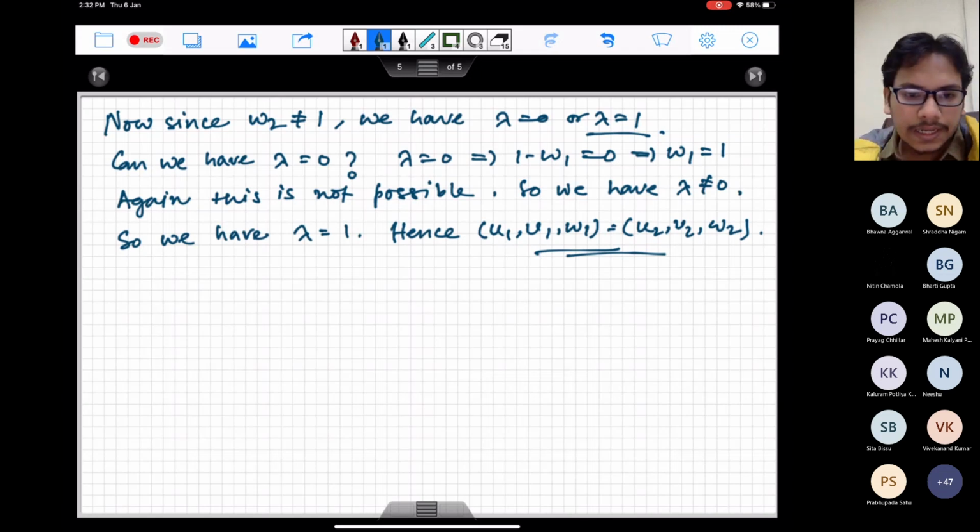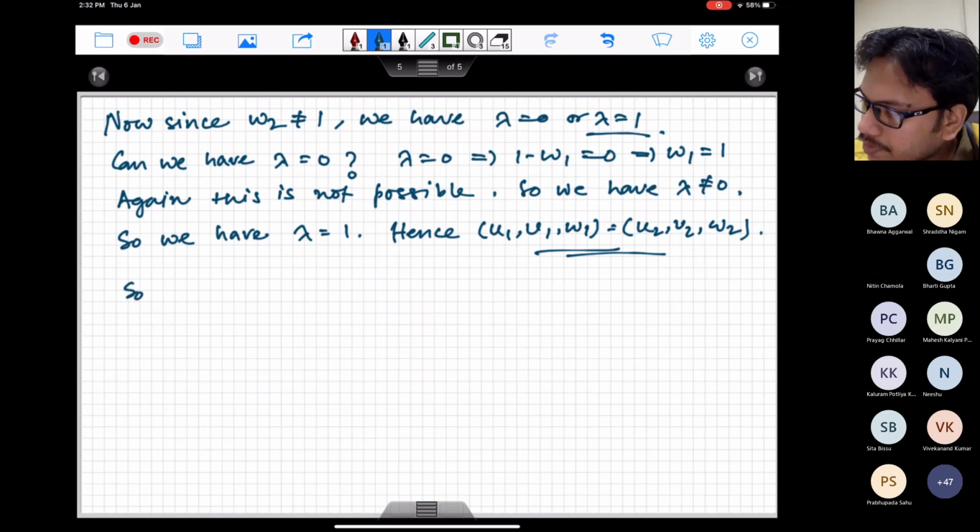So we have the prescription already. If I have (u, v, w), then it gets associated to the point (a, b), where a is u divided by 1 minus w and b is v divided by 1 minus w.